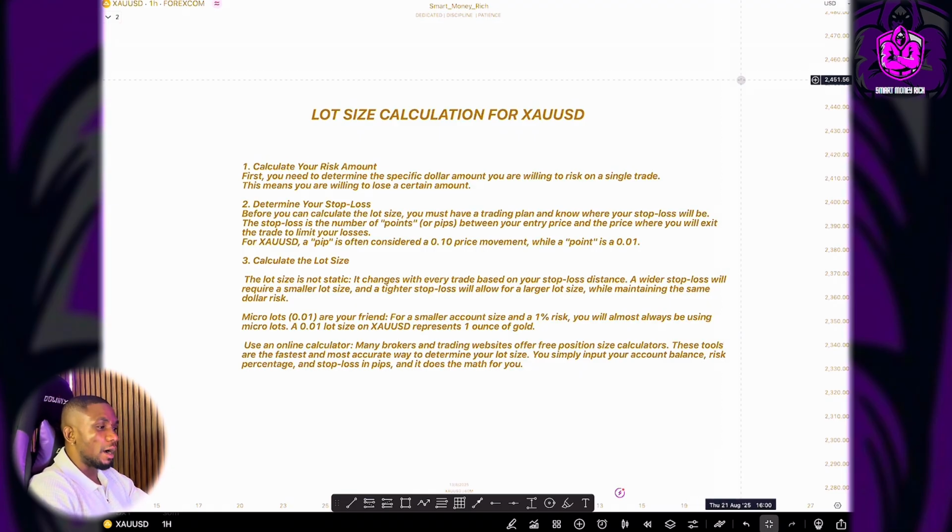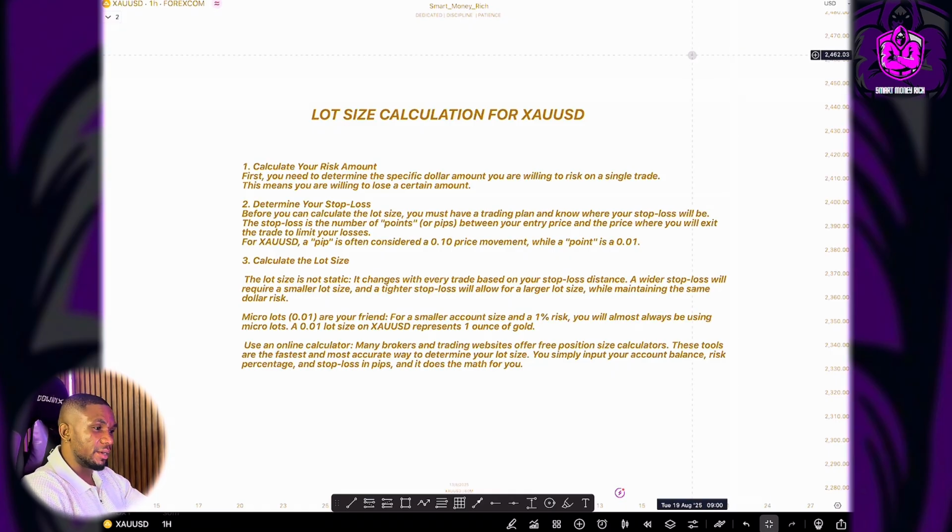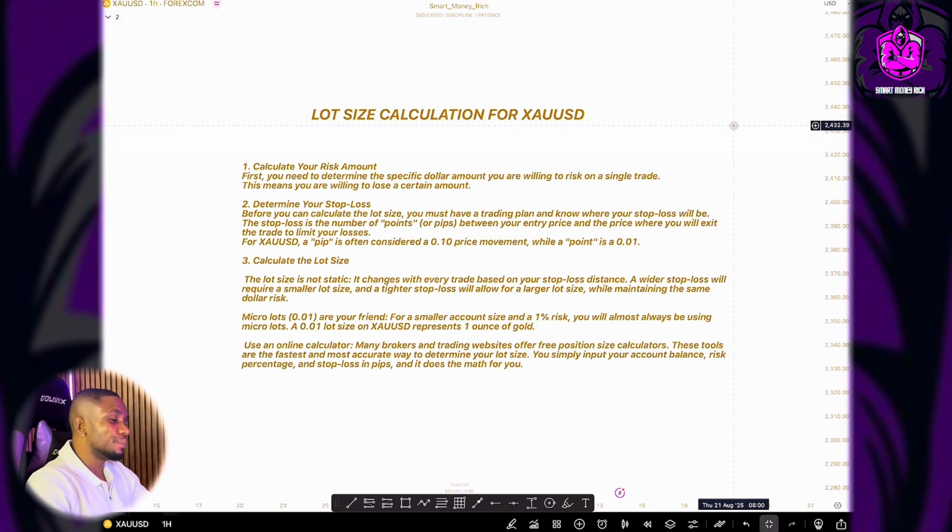This means you are willing to lose a certain amount. For example, you're trading a $20,000 account and you're only willing to risk $1,000 per trade, right? This means that for you to blow that account, you have to lose 20 trades. You understand what I mean now? So you already know how much you're risking, and so calculate your risk amount.